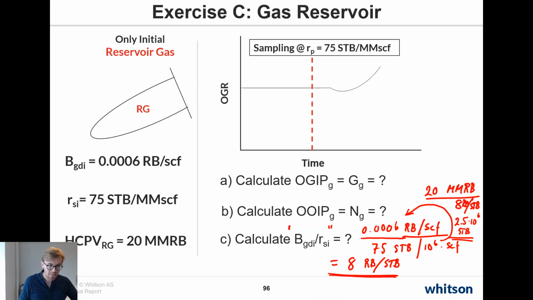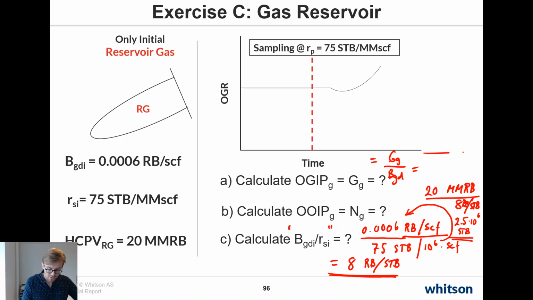Sorry if this is a little bit messy, but this should be 2.5 million stock tank barrels of condensate. And then we just have the last exercise, which hopefully should be straightforward, which is calculating the original gas in place, which we know is by definition, as we just learned, this HCPV value divided by BGD.